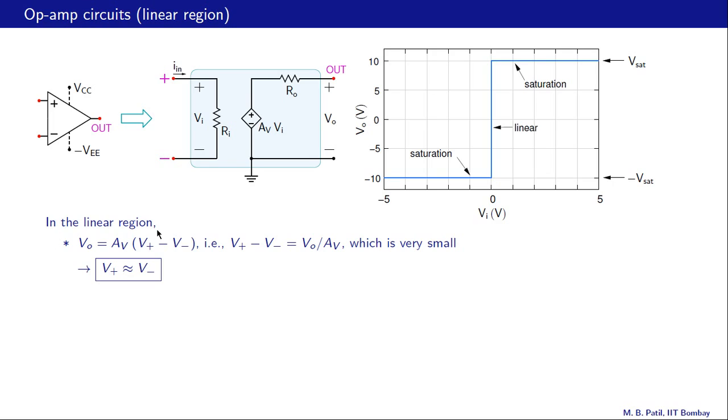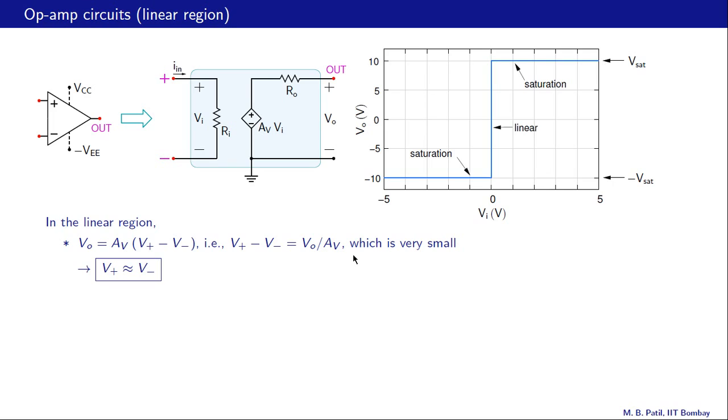In the linear region, that means the op-amp is operating somewhere here. What can we say? The output voltage is AV times V plus minus V minus. That is the input voltage V plus minus V minus. And since AV is very large and VO is limited to this range, this V plus minus V minus, which is VO divided by AV, is very small.